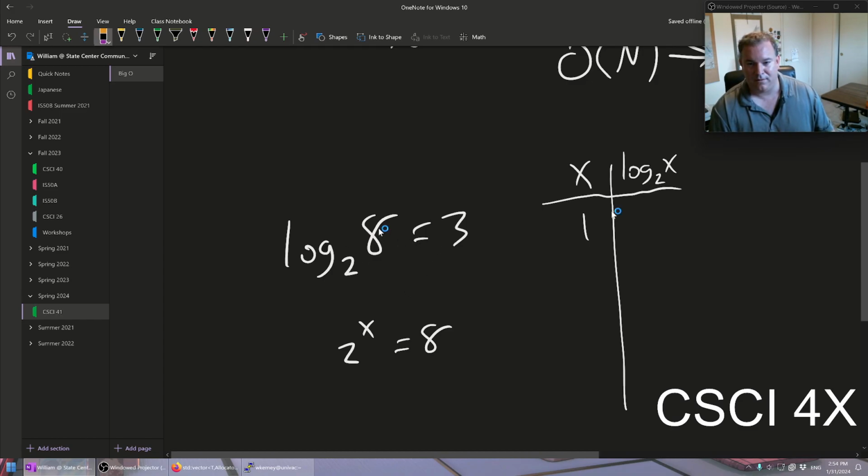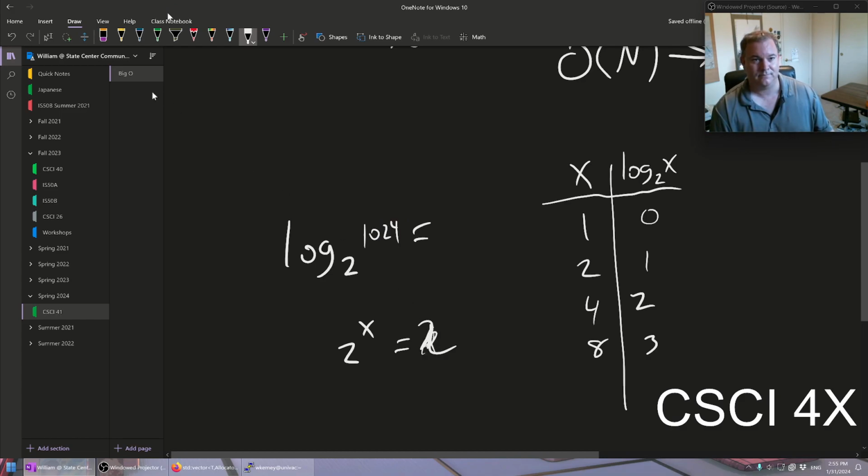In other words, 2 to the what power is 1? 0. 2 to the what power is 2? 1. 2 to the what power is 4? 2. 2 to the what power is 8? 3. Good. 2 to the what power is 1024? 10.